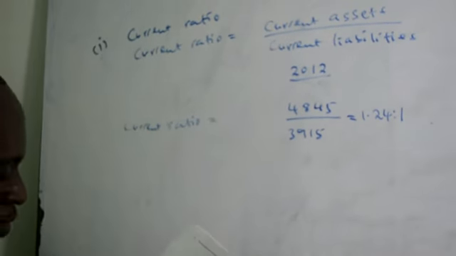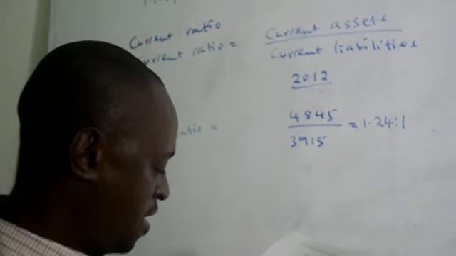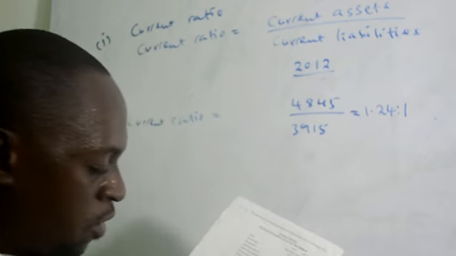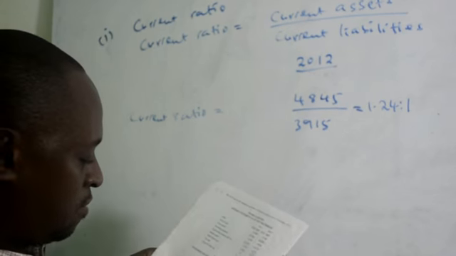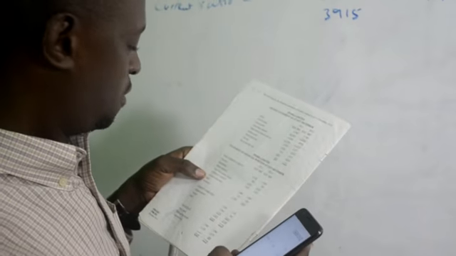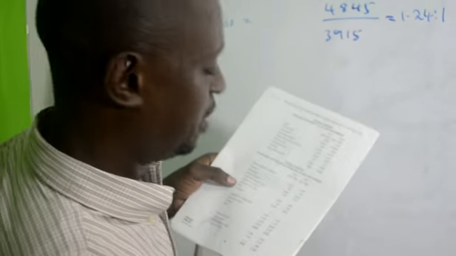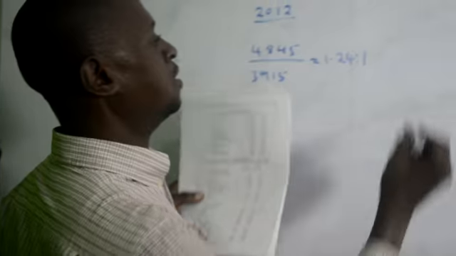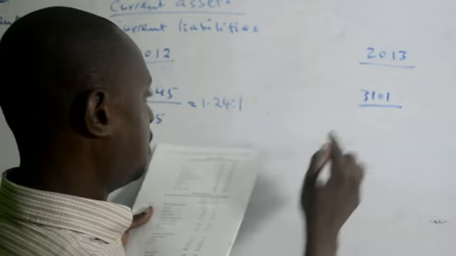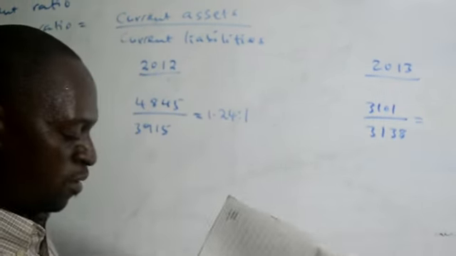Now we go to the other one, that is 2013. So let's get the current assets. We have 1880. You add 200, you add 1021. So this gives us 3101. We divide by 3138.